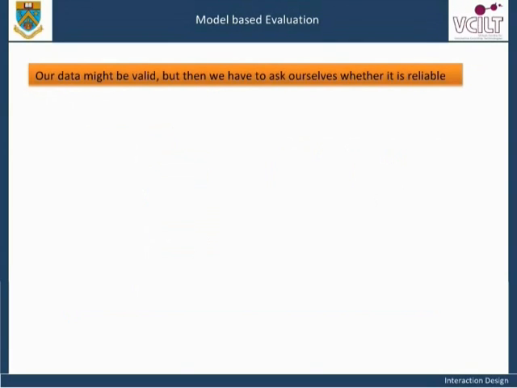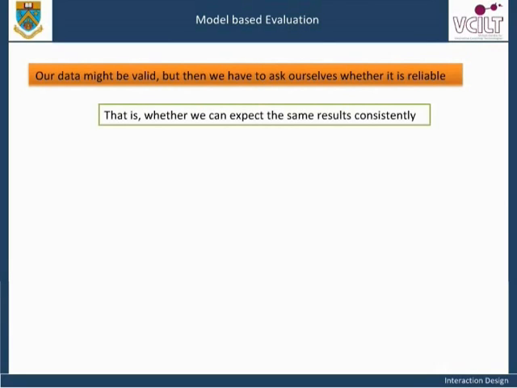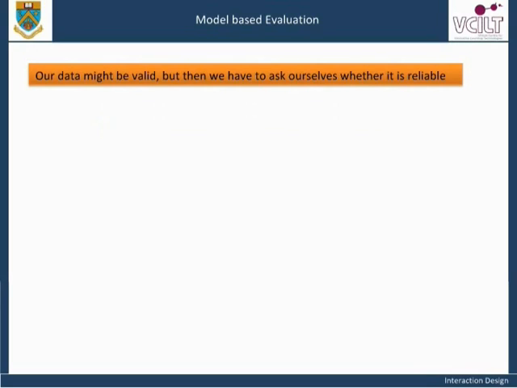Our data might be valid, but then we have to ask ourselves whether it is reliable. That is, whether we can expect the same results consistently. Clearly, for model-based evaluation, this depends on the way in which we use the models. Similarly, when performing evaluator-based evaluation such as heuristic evaluation, it depends on how well the evaluators are trained, and whether we have enough to produce reliable results.